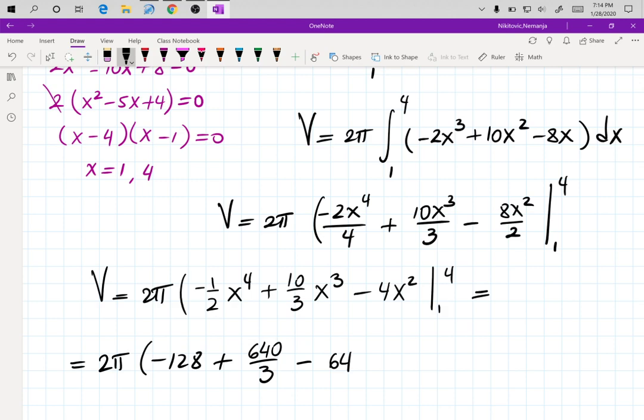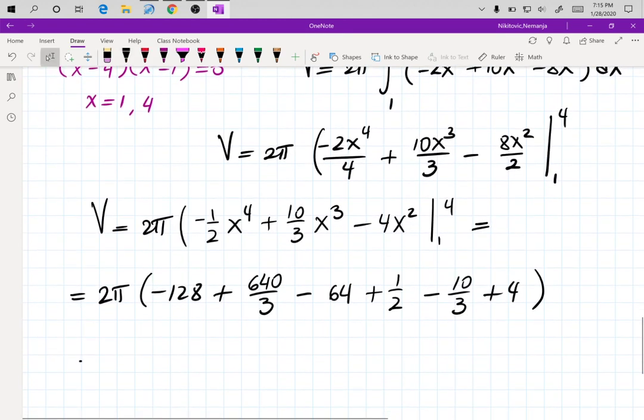And then we have minus, and then minus makes a plus, so plus 1/2. And then minus 10/3, and then plus 4. As you wish. 2 pi. That's what?